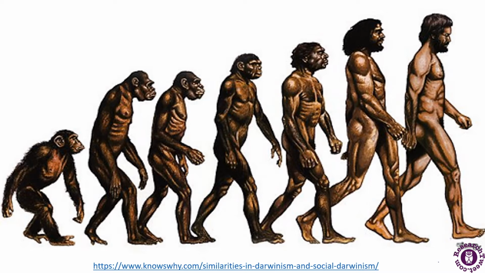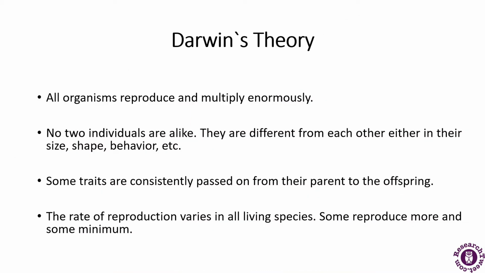There are also some postulates given by Darwin. There is a fitness theory, and there is a natural selection process. He proposed many famous theories in his book.